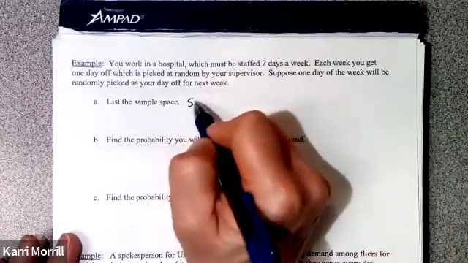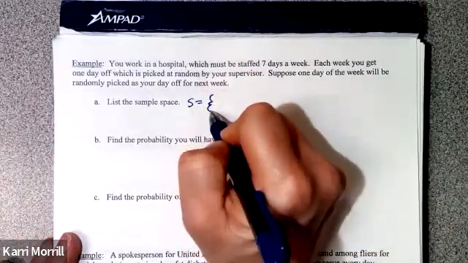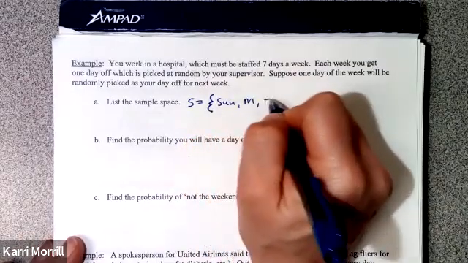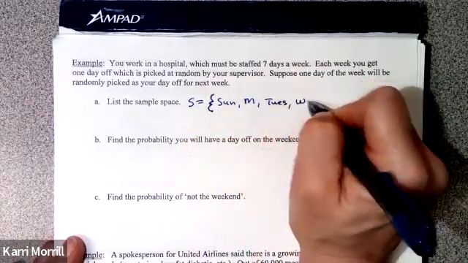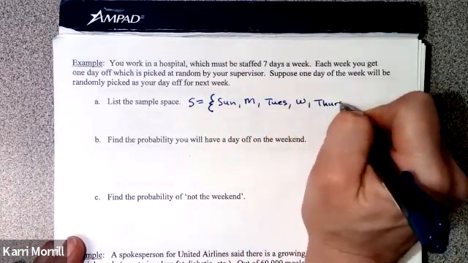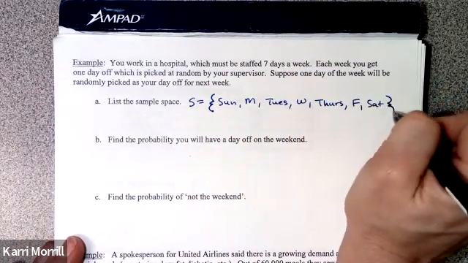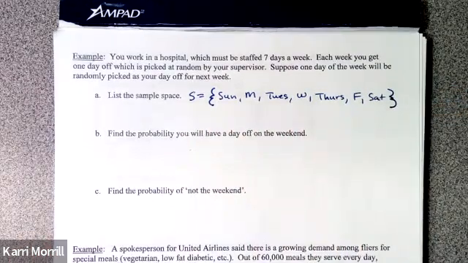What's your sample space? So your sample space would be like saying, however you do your weeks, Sunday, Monday, Tuesday, Wednesday, Thursday, Friday, Saturday. So there's 7 days a week, and those are all the days of the week.